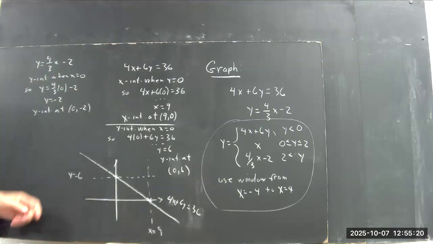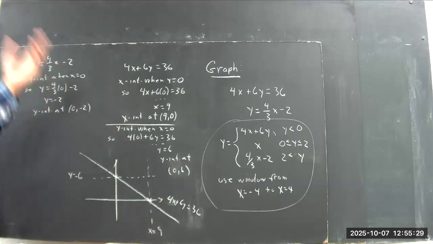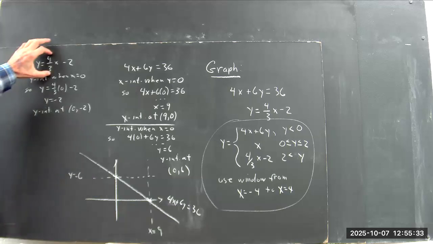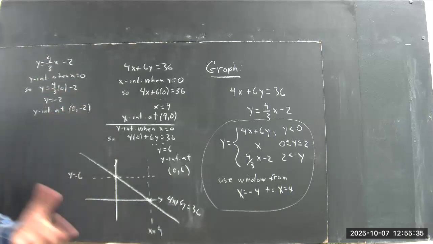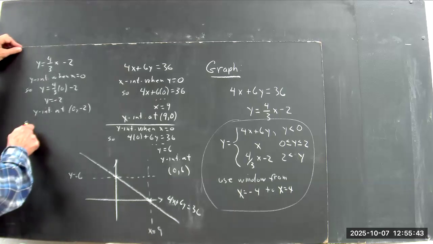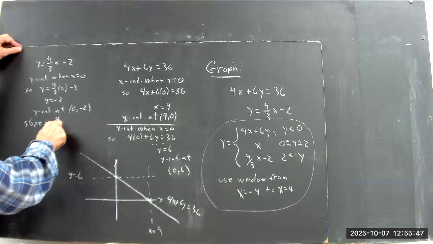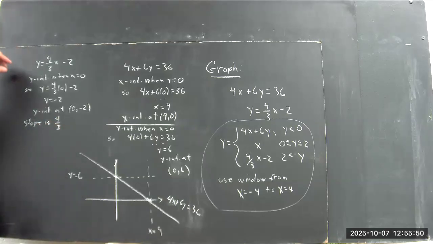You can also identify this as a slope-intercept form, mx plus b, and b is your y-intercept, okay? So you just say, well, b is -2, there's a y-intercept. Or you could say, let x equal 0, okay, it's -2. It's as easy one way as the other. You should see it both ways. Okay, so y-intercept's at 0, -2, and slope is 4/3.